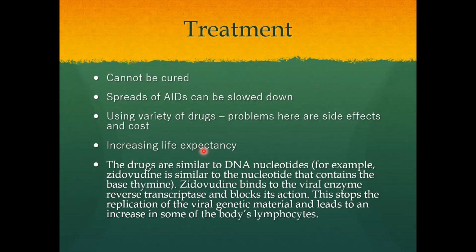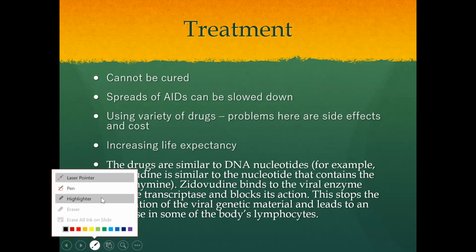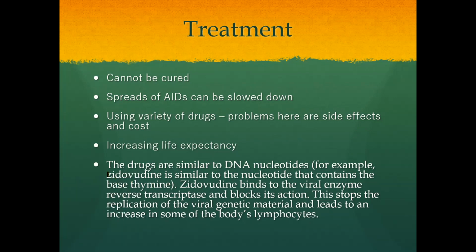A drug is given that may help in boosting the immune system, known as zidovudine. This drug is similar to the DNA nucleotides. If you remember, a DNA nucleotide contains a ribose sugar, a phosphate group, and a nitrogenous base. This drug is similar to the nucleotide that contains the base thymine.